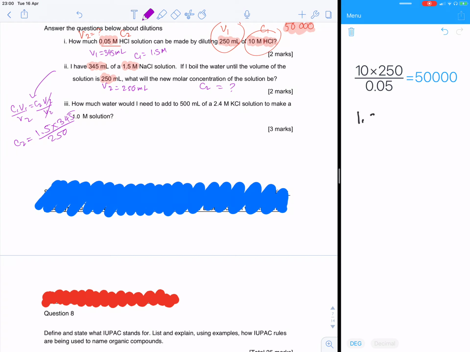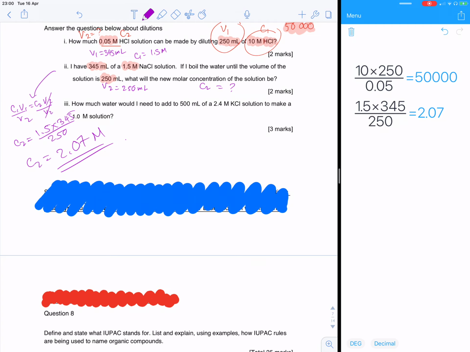So 1.5 times 345 divided by 250 will give us a concentration of 2.07 molar.